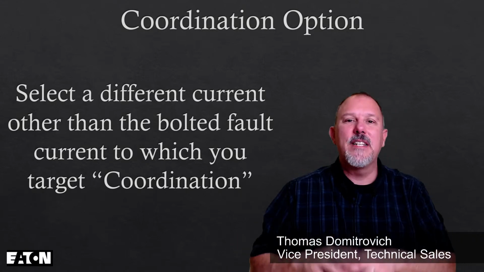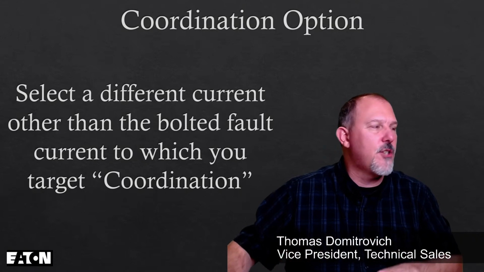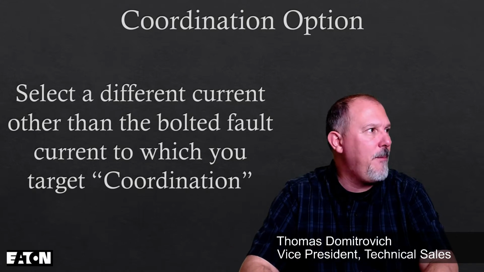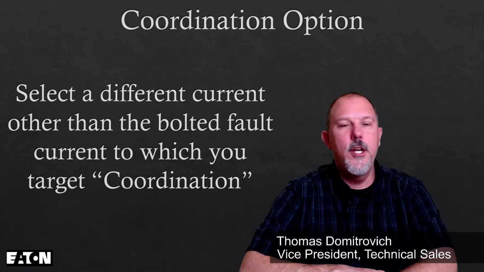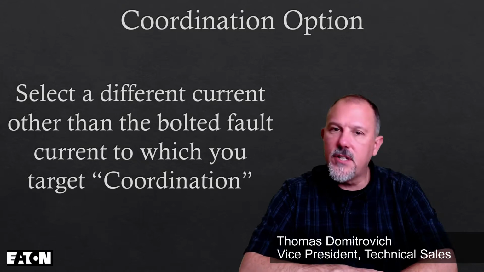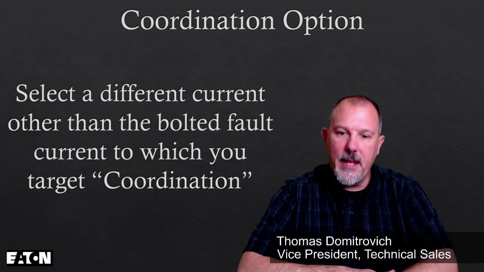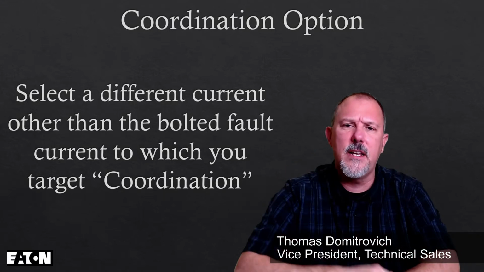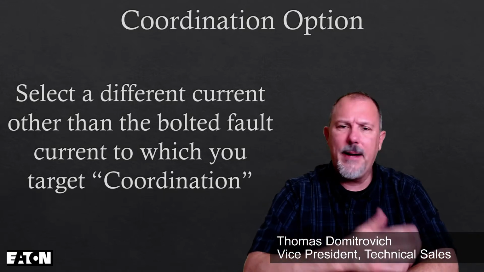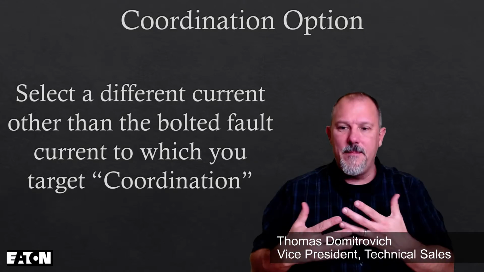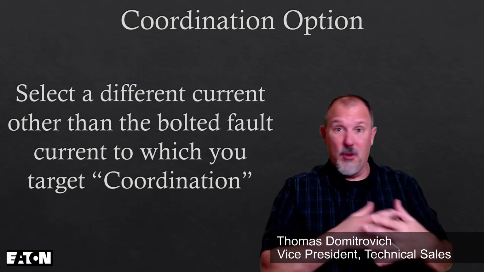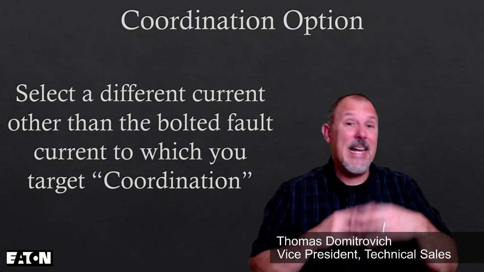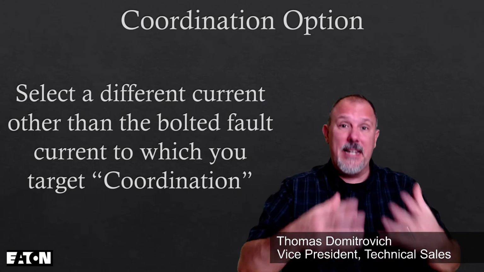NEMA AB4 is a free download. If you just Google NEMA AB and the number 4, you will find that reference document from NEMA. You might have to sign up or sign in to download. I'm not sure. Again, I come at it from a different angle because I'm also a NEMA member, heavily involved with them. Eaton is a NEMA member.